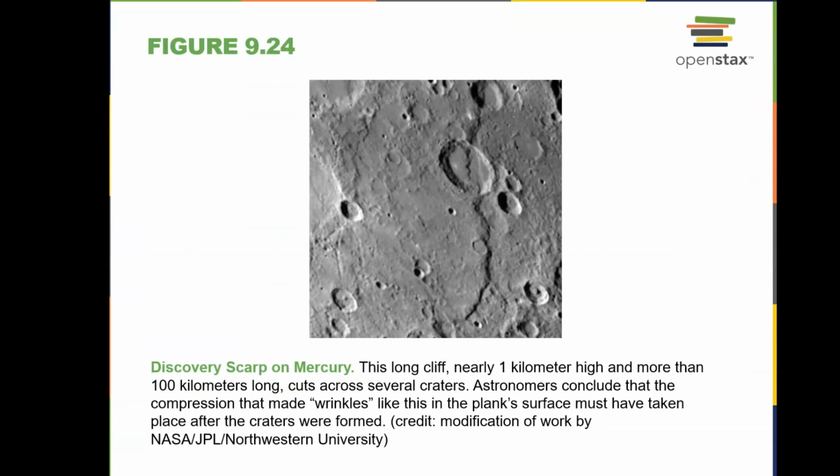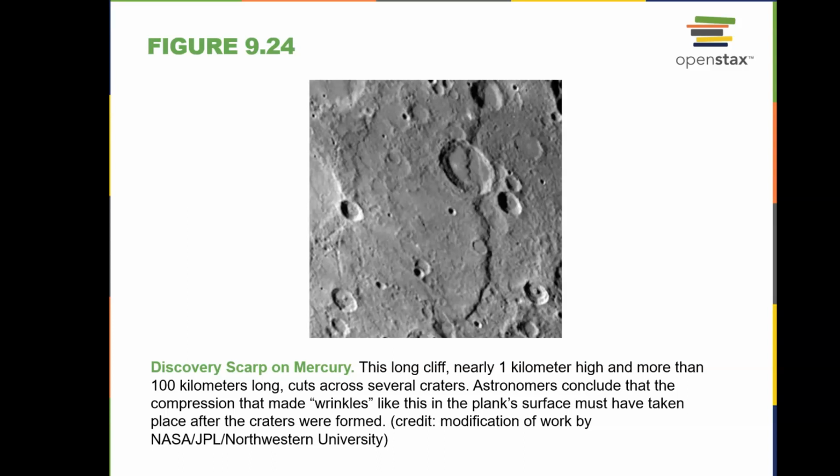There is no evidence of plate tectonics on Mercury. However, the planet's distinctive long scarps can sometimes be seen cutting across craters. This means the scarps must have formed later than the craters. These long, curved cliffs appear to have their origin in the slight compression of Mercury's crust.